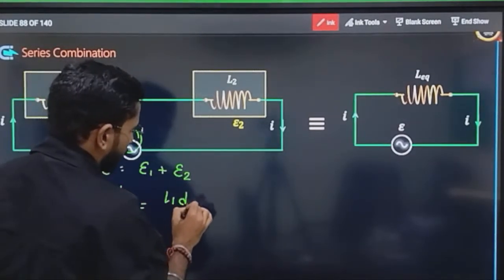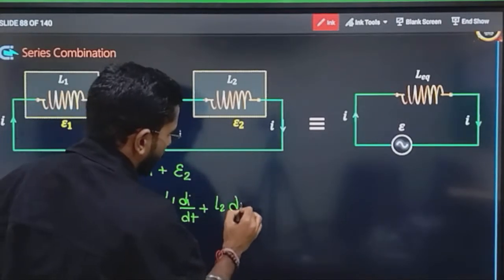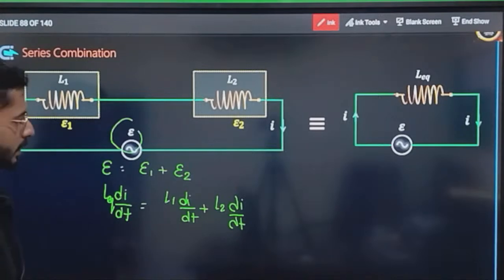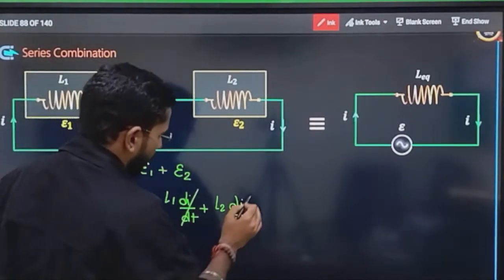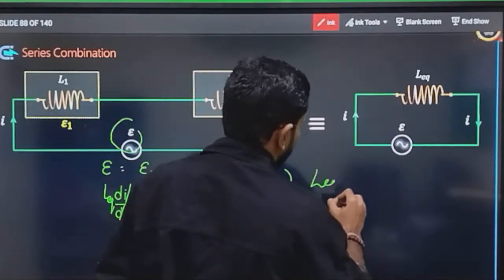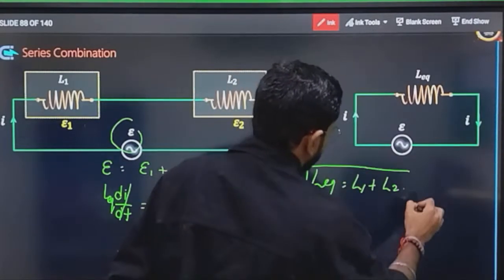E1 I will write as L1 di by dt, plus L2 di by dt. Then di by dt simply gets cancelled out, and L equivalent has a simple formula: L1 plus L2.